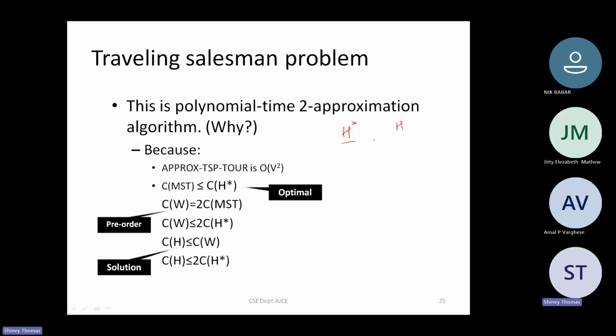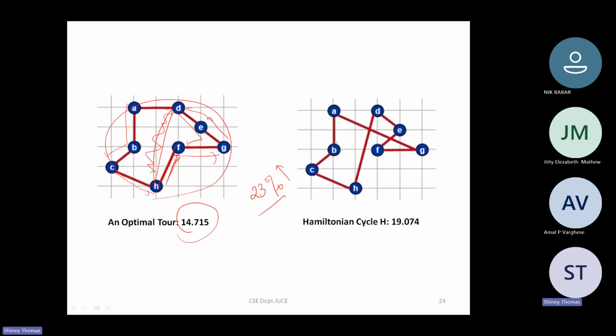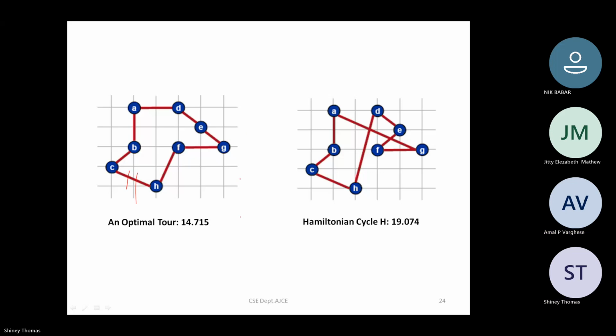Now, H star is the optimal Hamiltonian cycle. So if you delete one edge from this H star, what will happen? It will become a minimum spanning tree, because this is the optimal tour with minimum value edges.